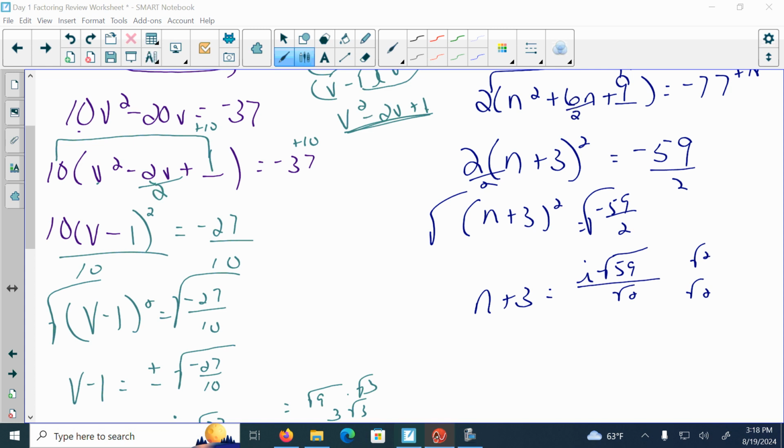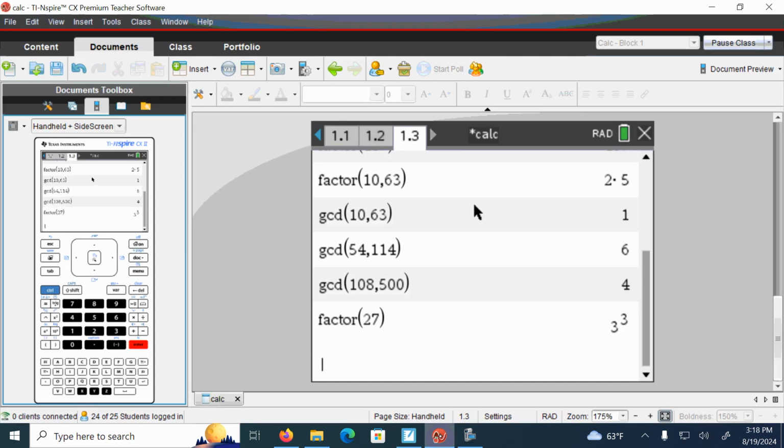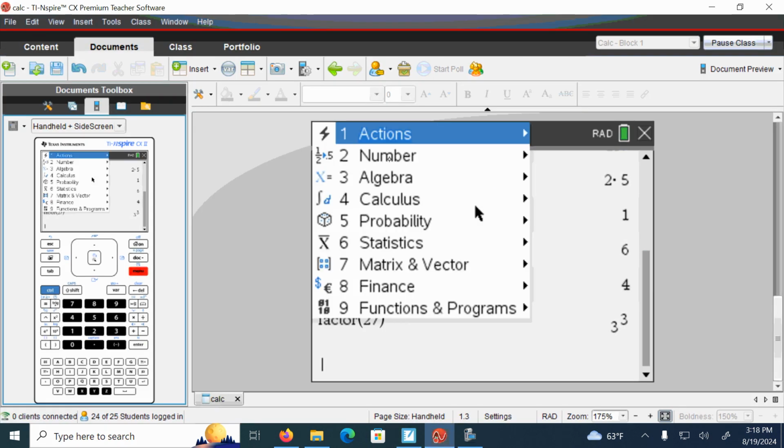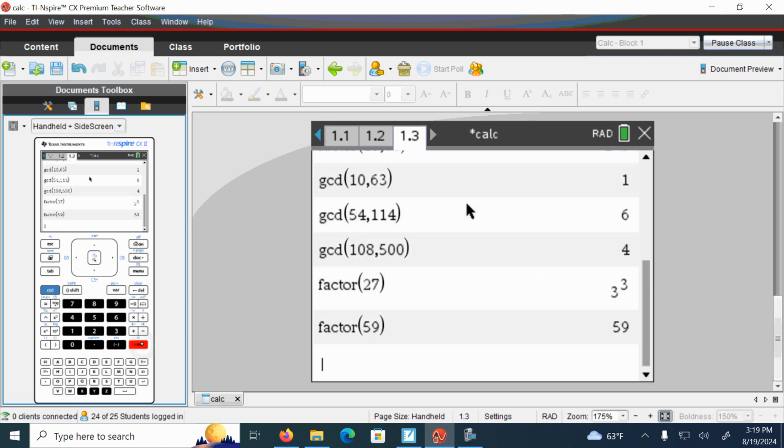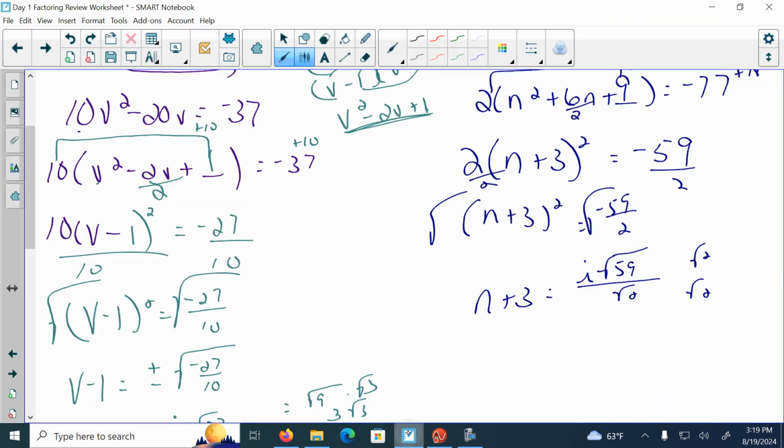If I wasn't sure, I could check it. Menu, number, factor 59. It's only 59. Times 2, so I'm going to multiply, so n plus 3 is equal to, whoopsie, plus or minus. Get that. And then I'm going to have i times the square root of 118 all over 2.